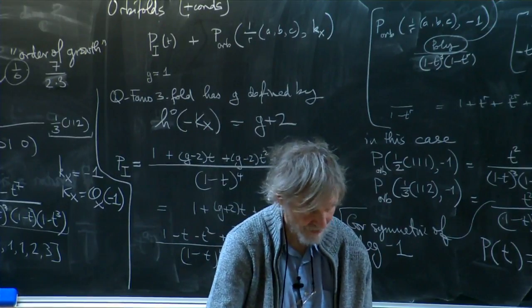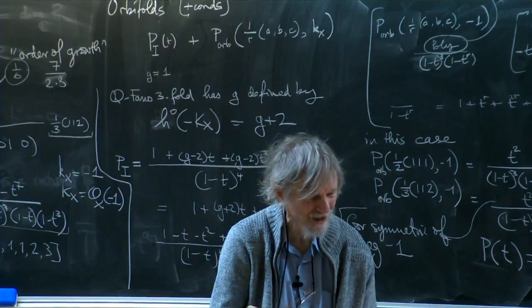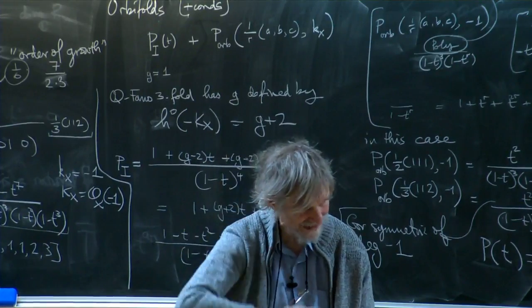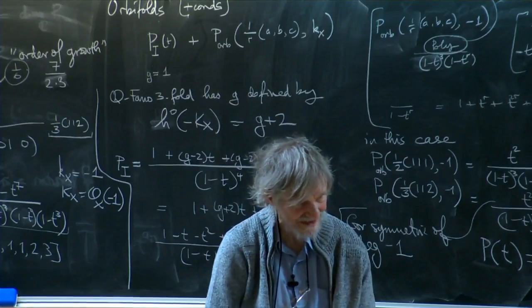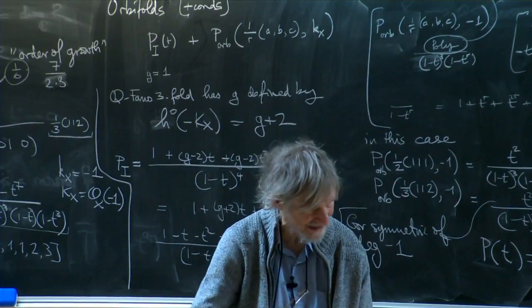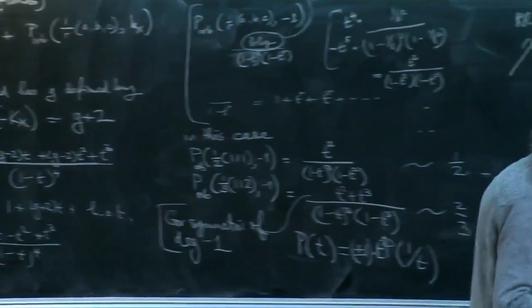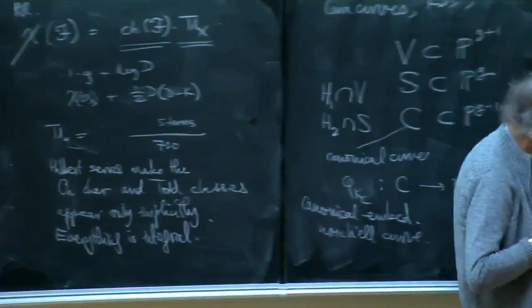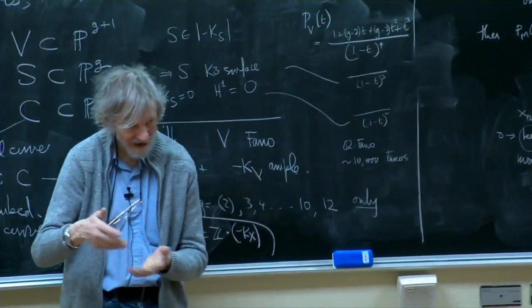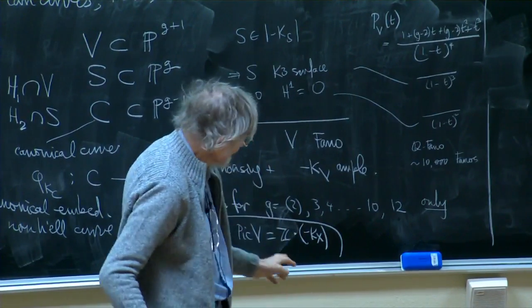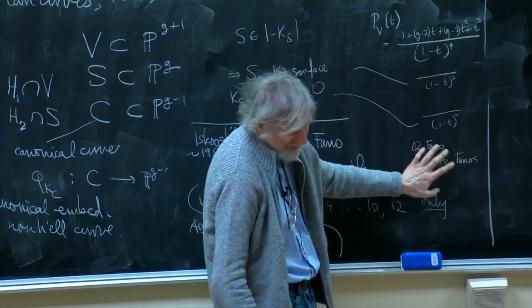Even a very well-trained graduate student working through a list of only 70 or 80 of these things can make a little slip-up. Iskovsky made a little mistake in this 12, and Mori and Mukai made a little mistake in their slightly longer list. So this is a database.